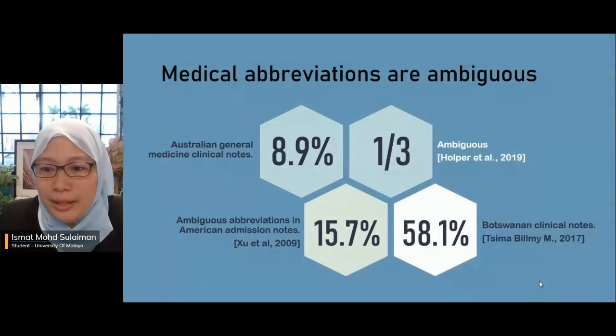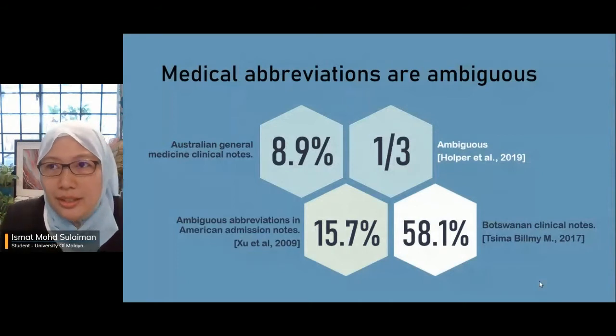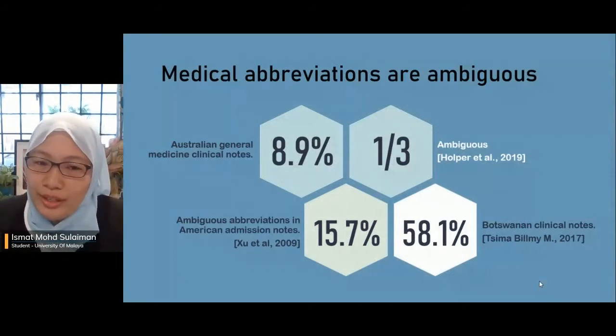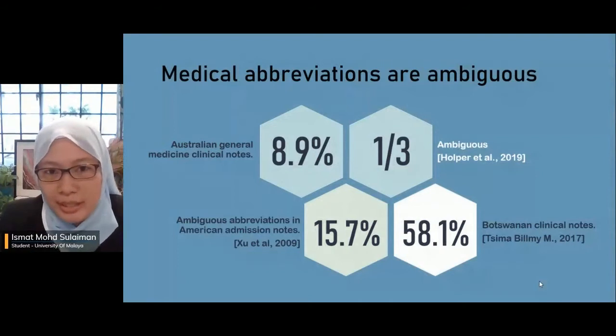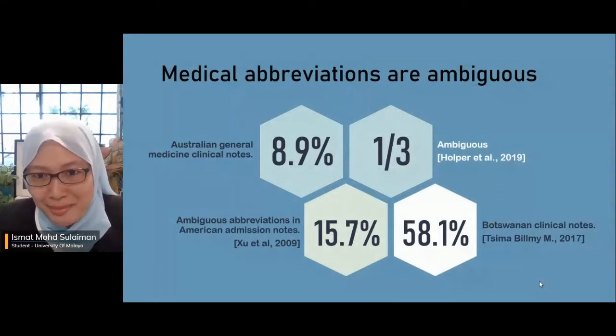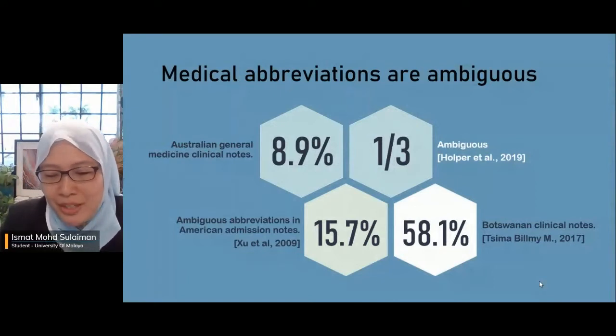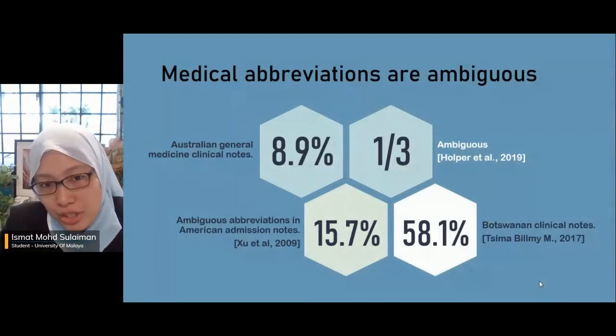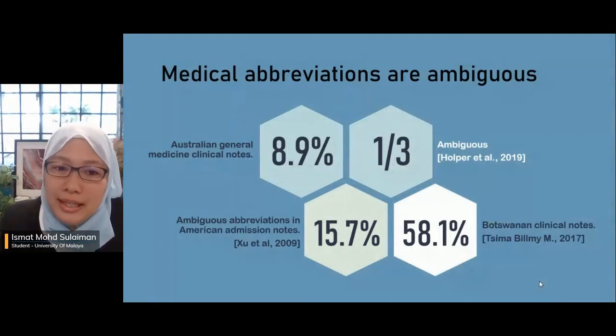Imagine if you had to refer a patient and you write an abbreviation in your clinical notes, whether electronic or manual, and the other discipline has another meaning for your abbreviation.